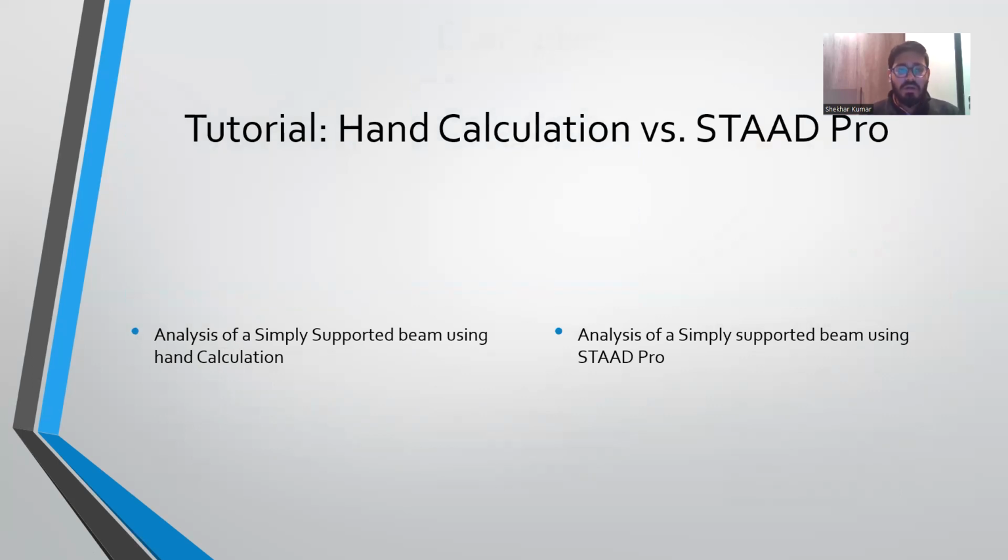Now, we will perform a design in STAAD Pro and we will compare it with our hand calculation. So we will analyze a simply supported beam using STAAD Pro and compare it with the hand calculation.